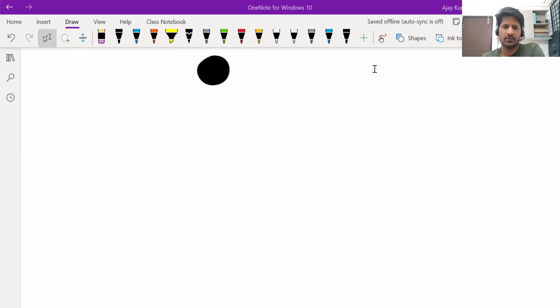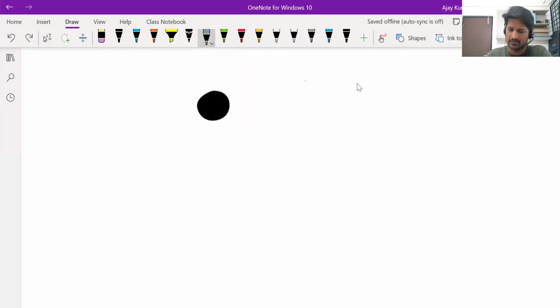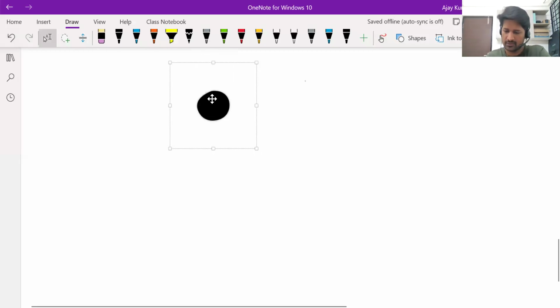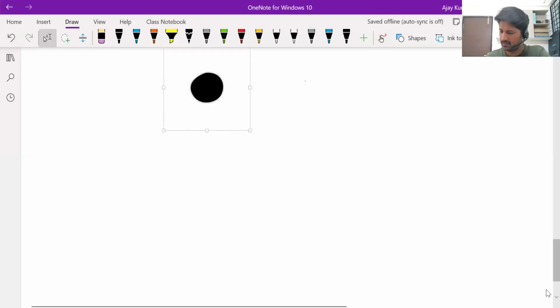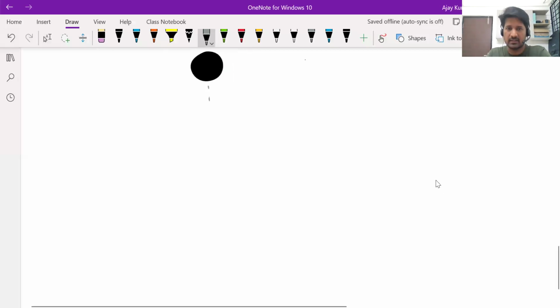Okay, Yusuf, can you unmute? Yes, sir. So what I'm going to do is, just a moment. I'm going to make this object move vertically down on a straight line. Now the straight line is vertical relative to your screen.